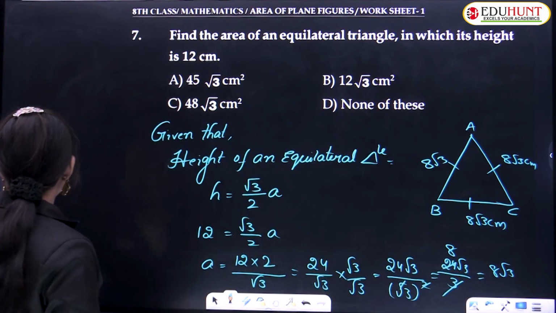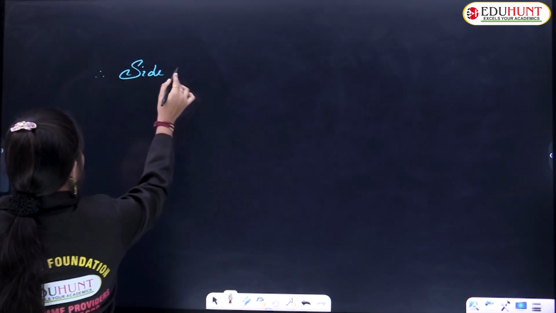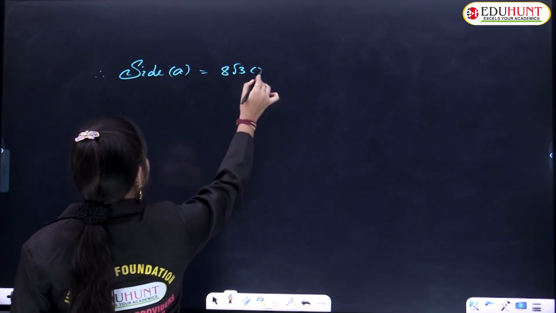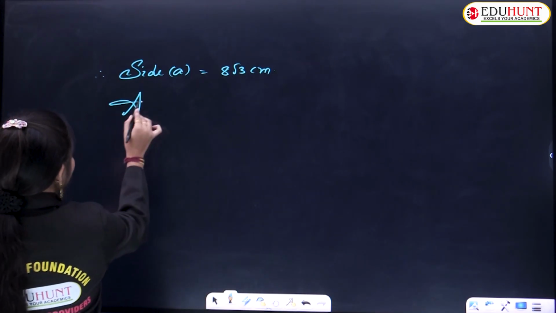Now see that side A is equal to 8 root 3 centimeters. Now what we need to find out? Area of an equilateral triangle. What is the formula?